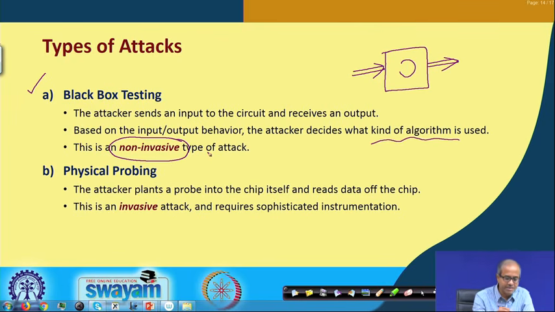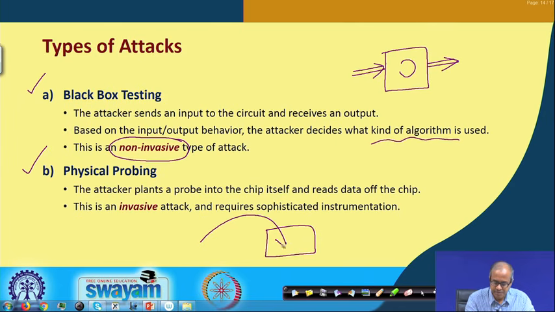Secondly comes physical probing, where I have a device with me and I am actually breaking it open in some way, so that I can probe inside and see what is happening. Maybe I have an IC chip, I am removing the top plastic cover of the IC chip and using a very powerful microscope or using some kind of a probe, I am seeing what is there inside the chip.